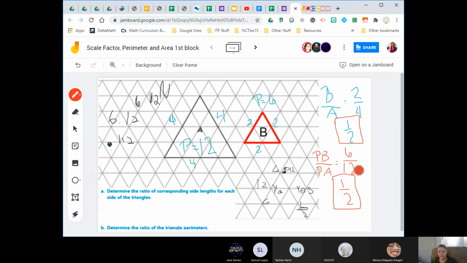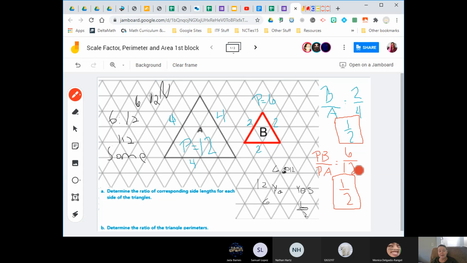They are the same. I see Nathan wrote it over there. They are exactly the same. So whenever we are doing scale factor of a figure, if you have a question about the scale factor of the perimeter, your answer should be the same as the scale factor, okay?